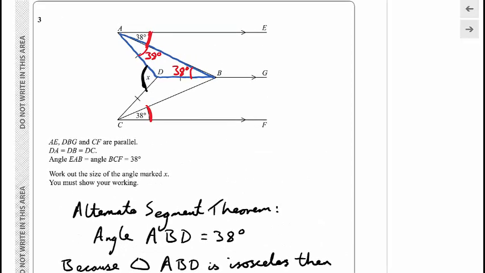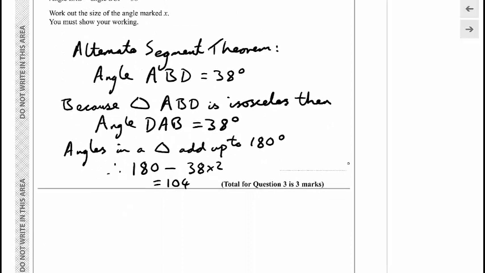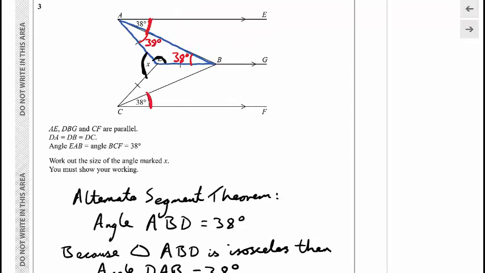So that is angle, what angle is that? That's this angle here, so it's angle ADB. So angle ADB equals 104 degrees.